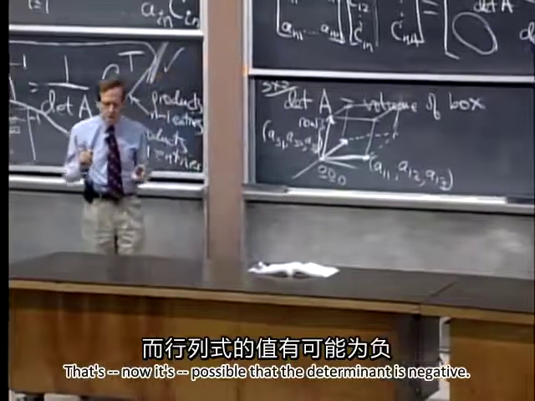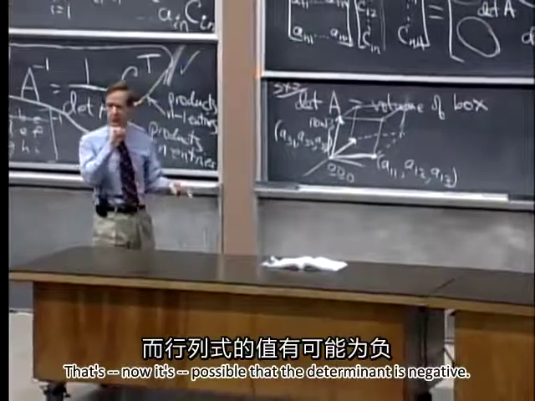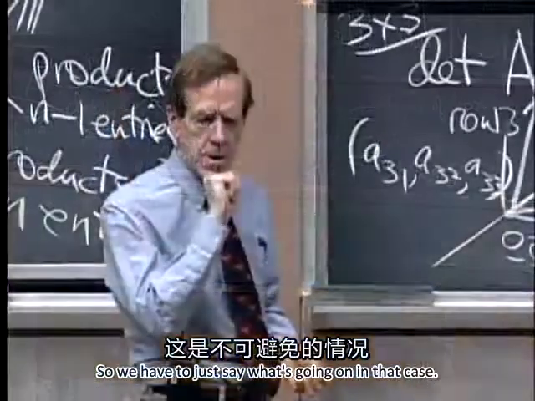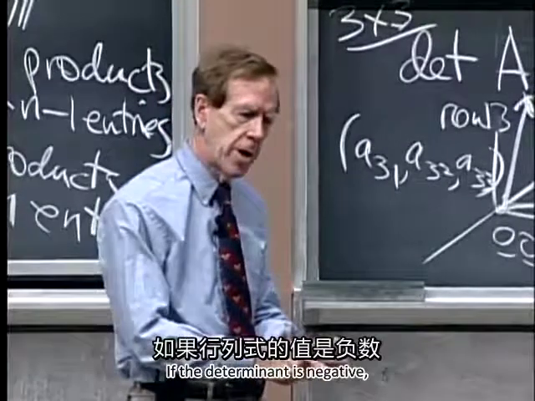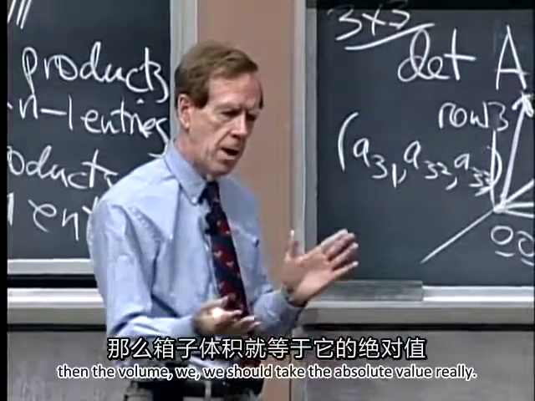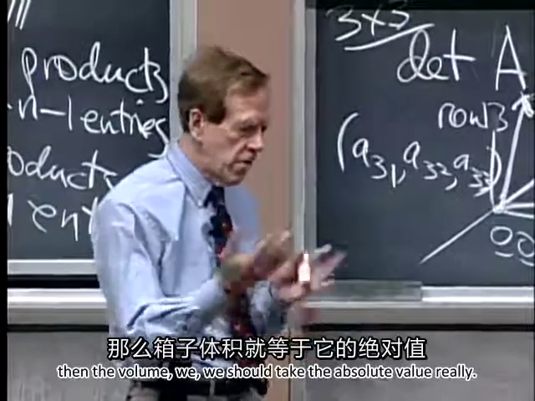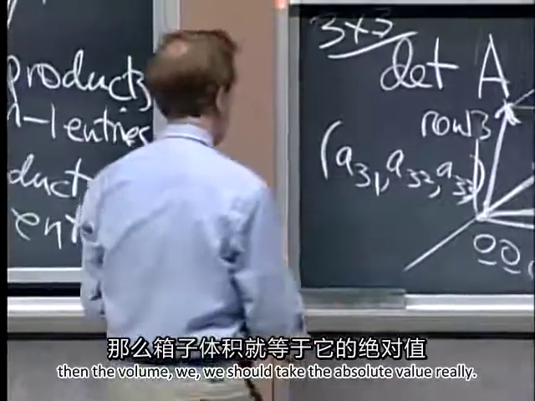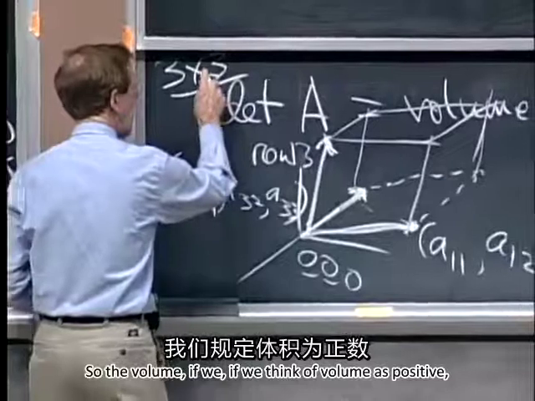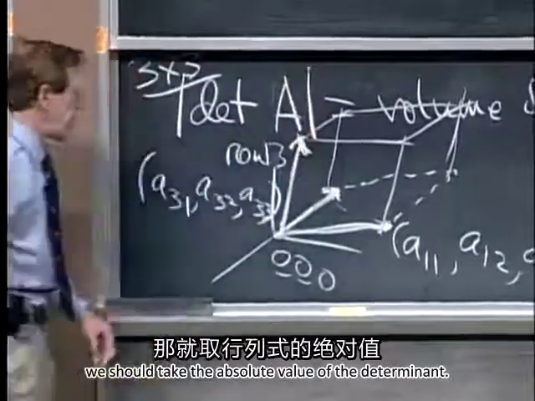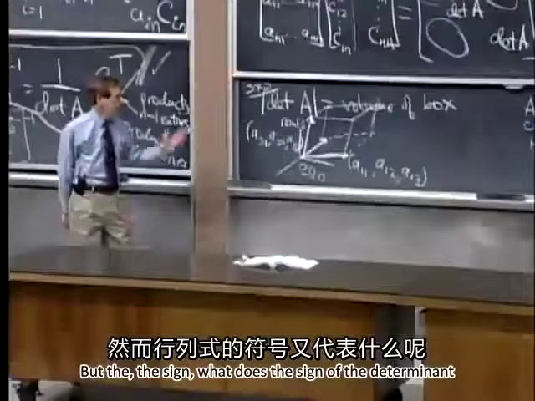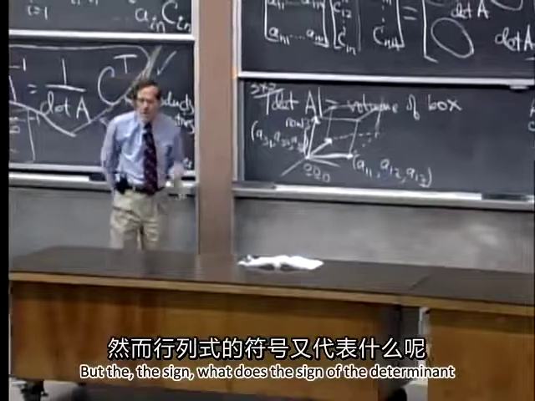Now, it's possible that the determinant is negative. So we have to just say what's going on in that case. If the determinant is negative, then we should take the absolute value, really. So if we think of volume as positive, we should take the absolute value of the determinant. But what does the sign of the determinant tell us?